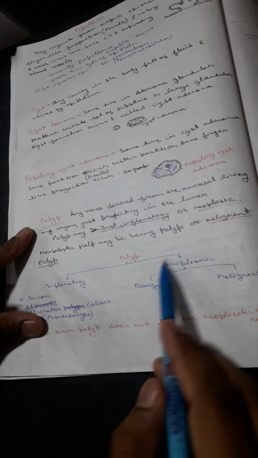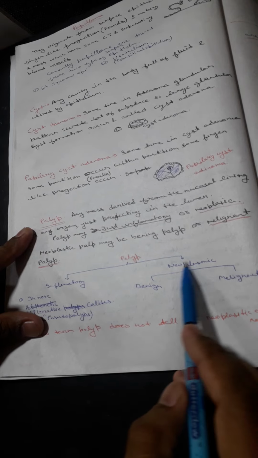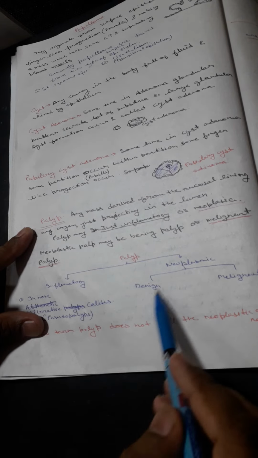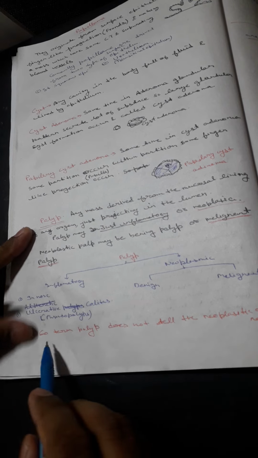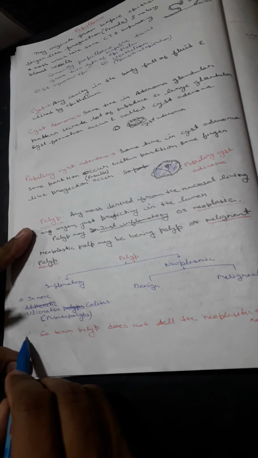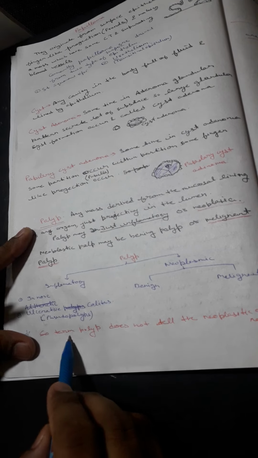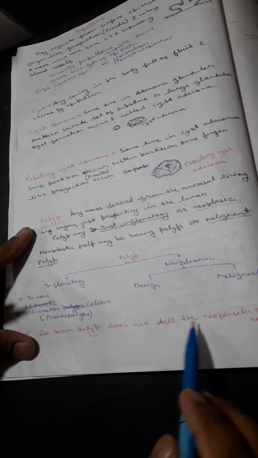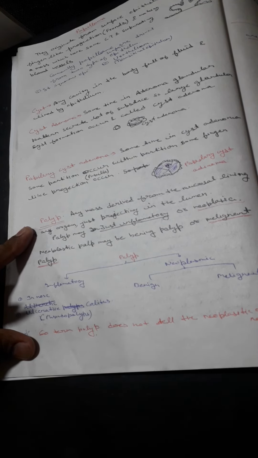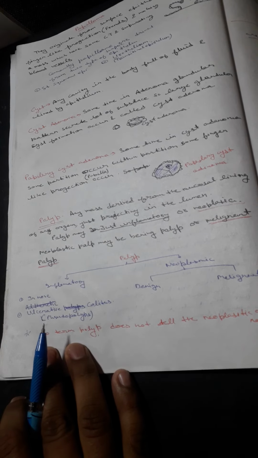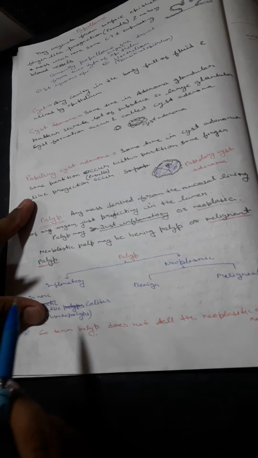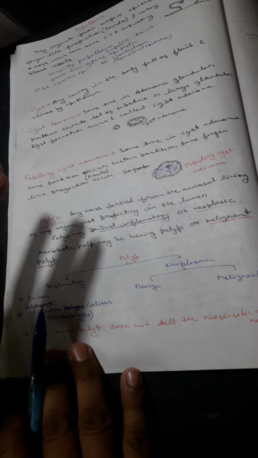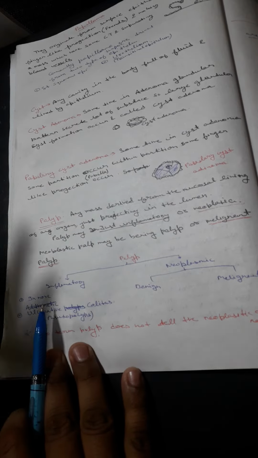So this is the neoplastic polyp, and a neoplastic polyp can also be benign or malignant. Here is an important point. The term polyp does not tell whether it is a neoplastic tumor or not. It means if we see the word polyp anywhere, it does not show that there is any neoplastic growth. It may be neoplastic or it may be inflammatory.